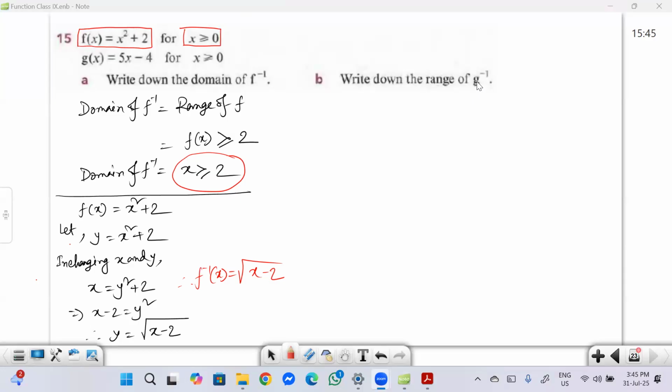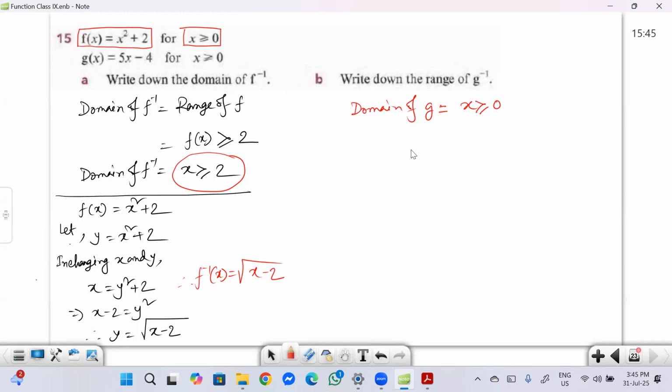Write down the range of g inverse x, then that will also work in the same manner. Do you understand? So write down the range of g inverse, it will be the domain of g. So what is the domain of g? It is mentioned that x is greater than or equal to 0.